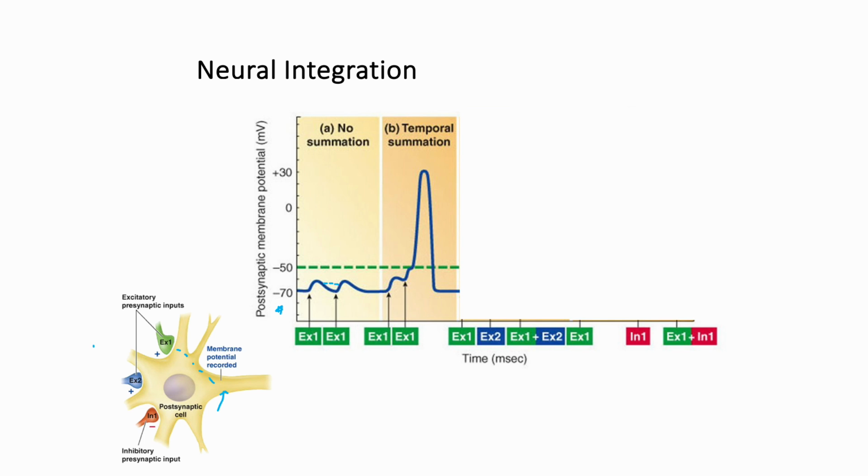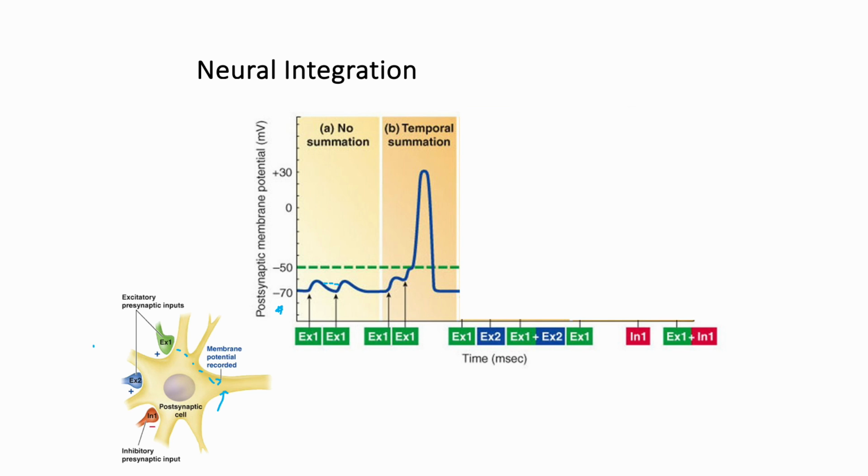Well, let's say that they are fired in very close proximity then, right? So excitatory 1 fires, and then right after that it fires again very rapidly. Well, then both of these signals are going to reach the axon hillock around the same time. And if that happens, then we get what's called summation, okay? And because this has to do with time, the interval between the firing, that's where we get the temporal component.